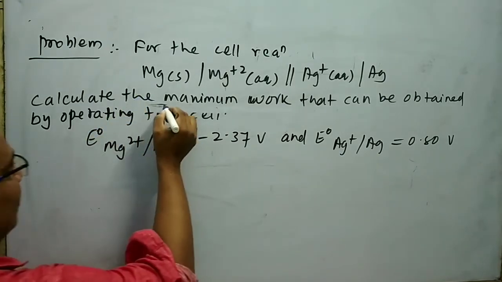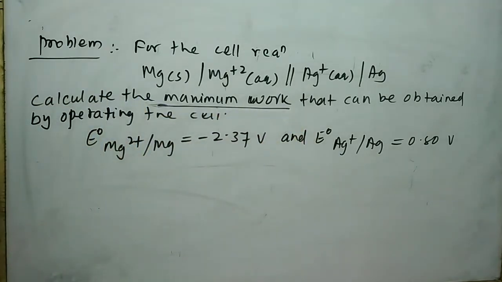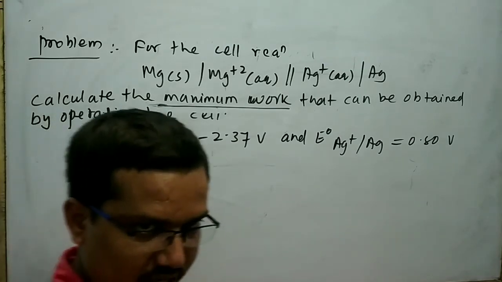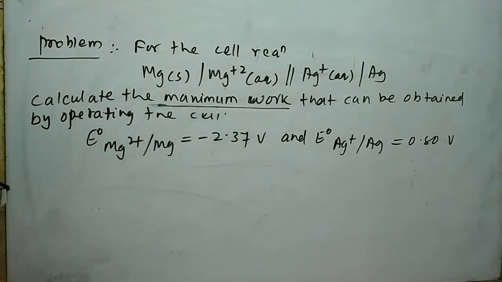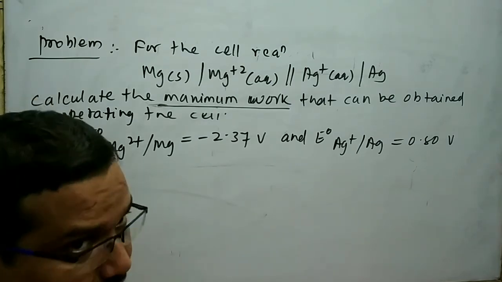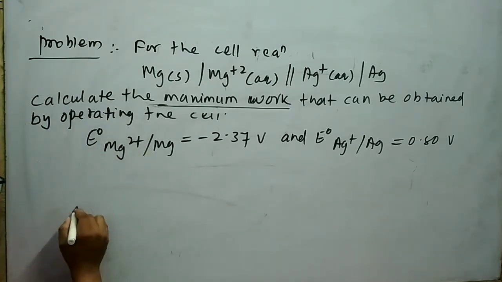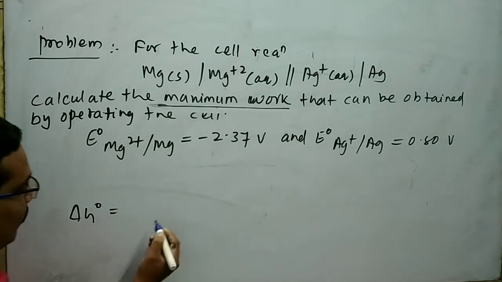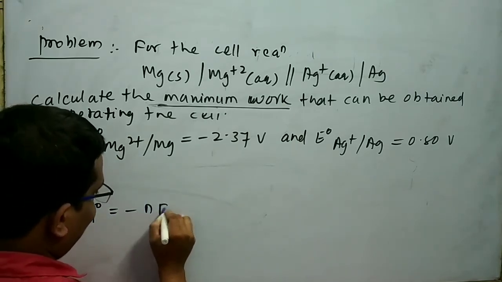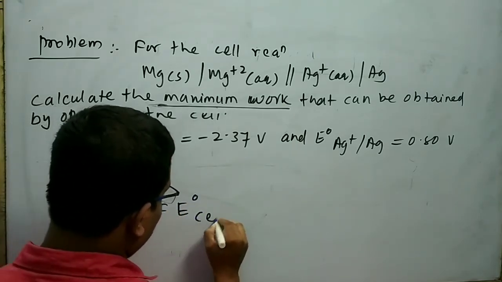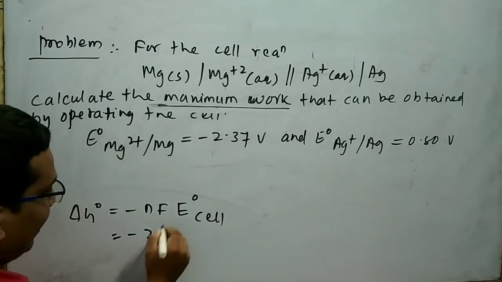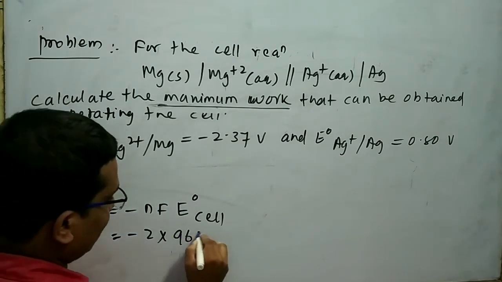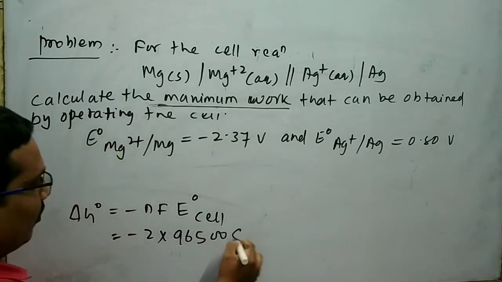Our aim is to find out the maximum work. Maximum work means the electrical work. We know that electrical work is equal to the decrease in the free energy. We know that delta G0 equal to minus nF E0 cell. Here the n value is 2 and the F value is 96,500 coulomb.